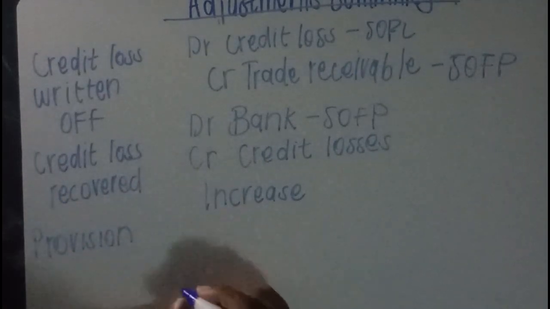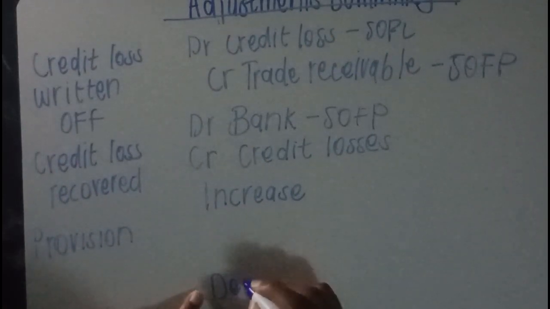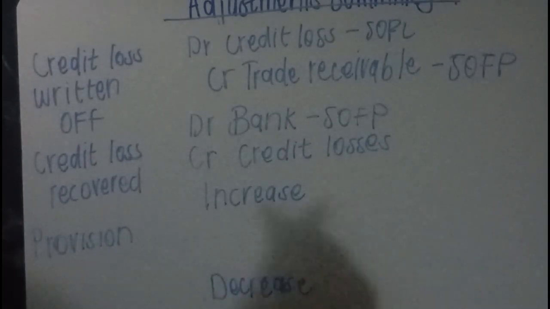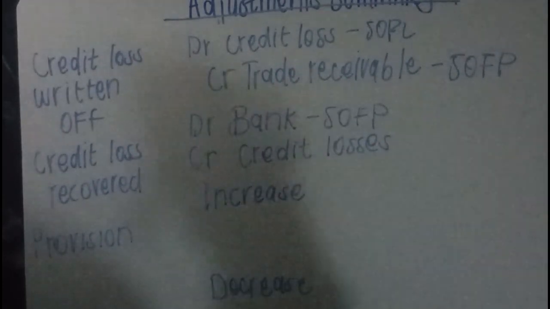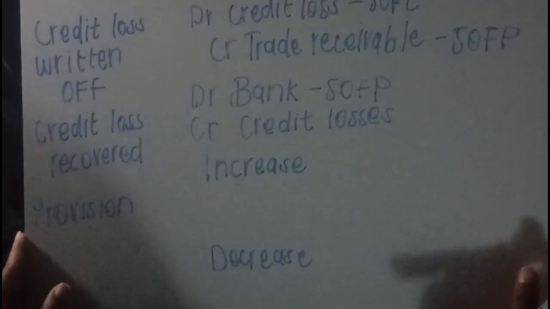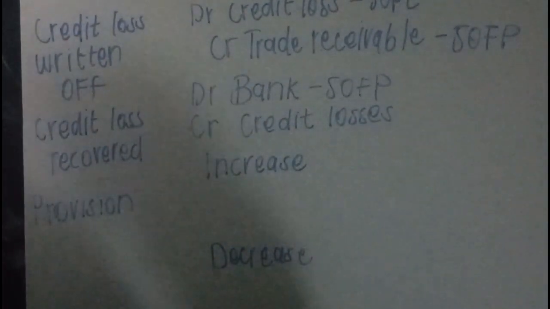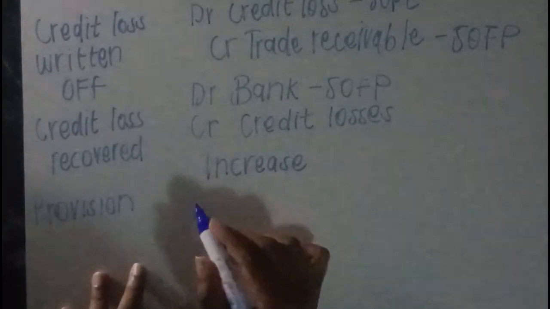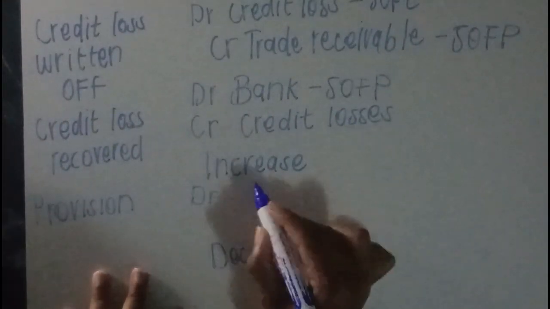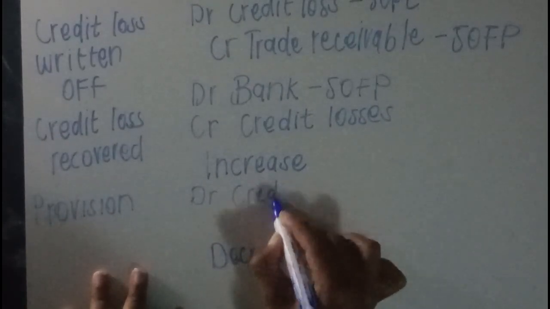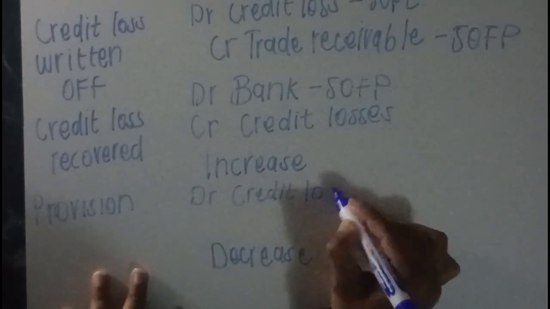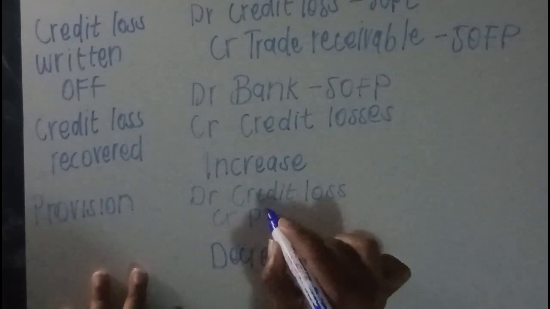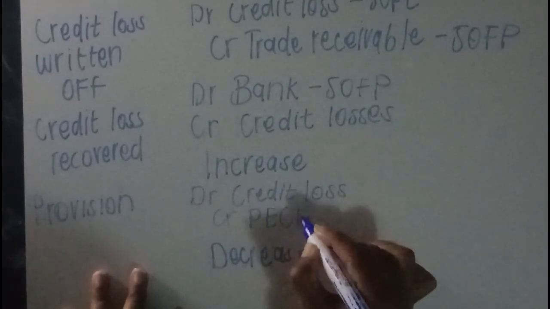You see, I'm saying increase, so there's going to be a decrease, brace yourself. If there is an increase, all right, so you debit credit loss and you credit your provision for expected credit loss.